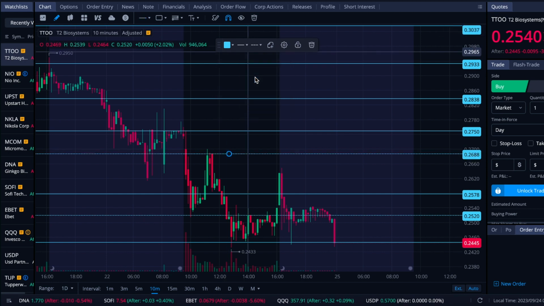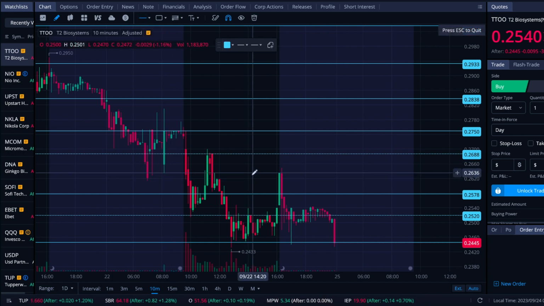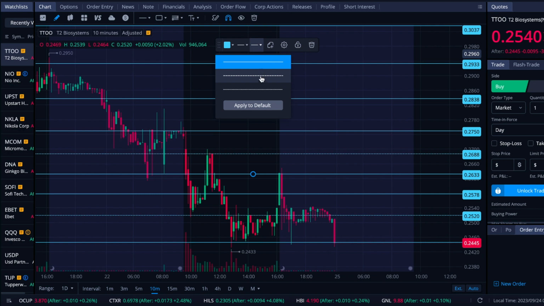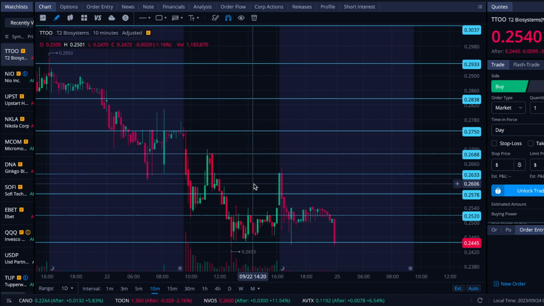I'm really kind of stretching though, to be honest. This one is a little bit better than that last one that I just put in, but I'm going to dot all of these. So we have 3 dotted ones: 25.20, 26.33, 26.88.